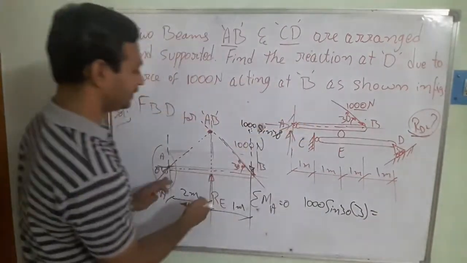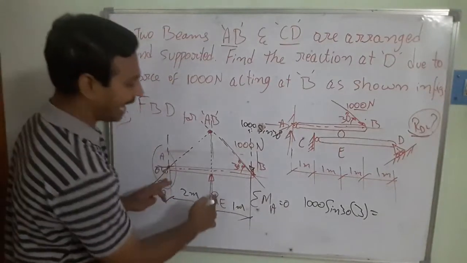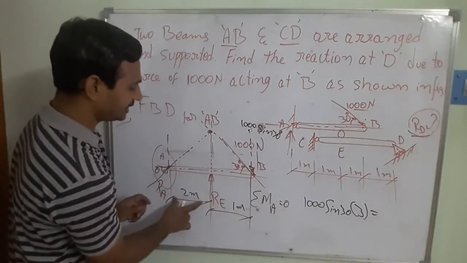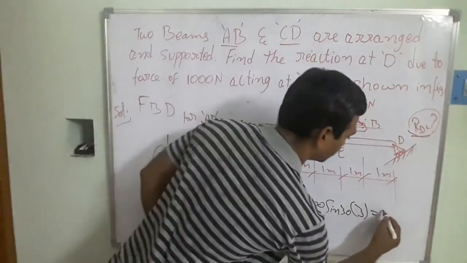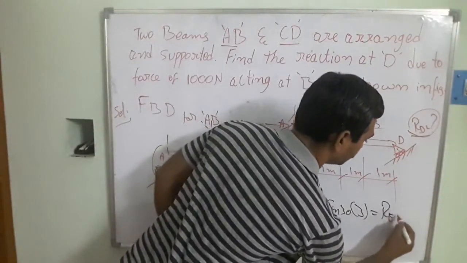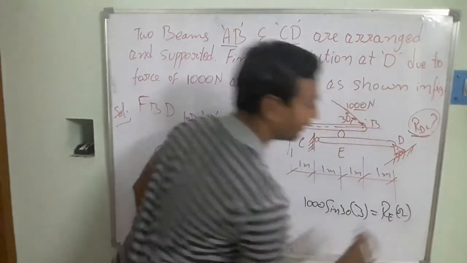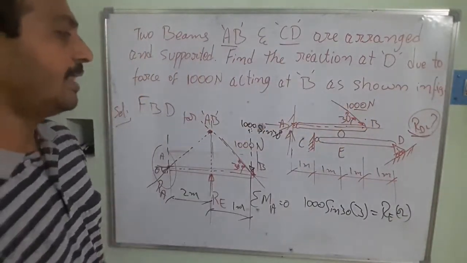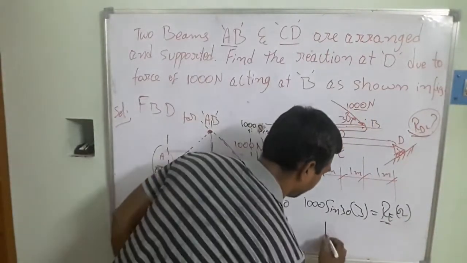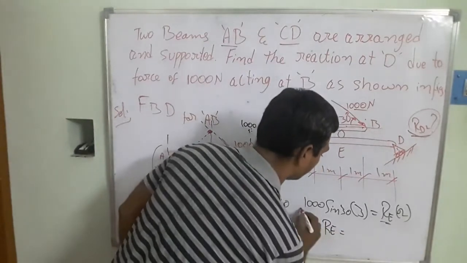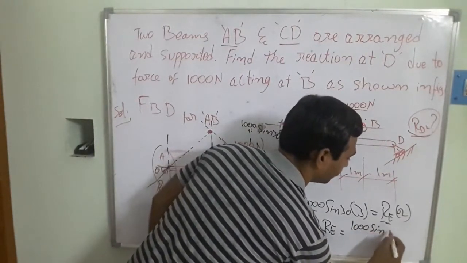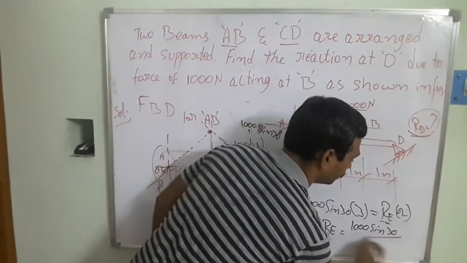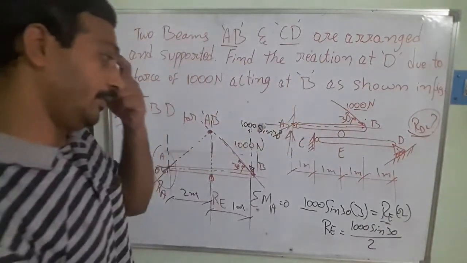That's equal to, this is moving in the opposite direction, so RE into what is the distance? The line of action to the point of application, the 2 meters. So that's going to be RE into 2 we have taken. Once we have this, then easily you can calculate the RE. The RE is equal to 1000 sine 30, which is 1 by 2, divided by the 2 we do have.